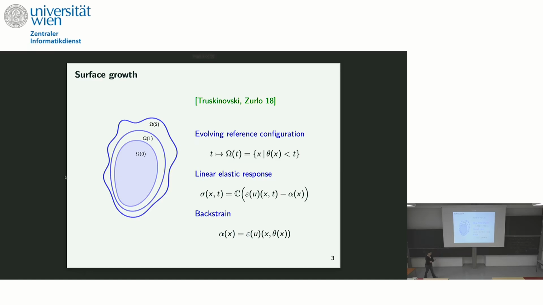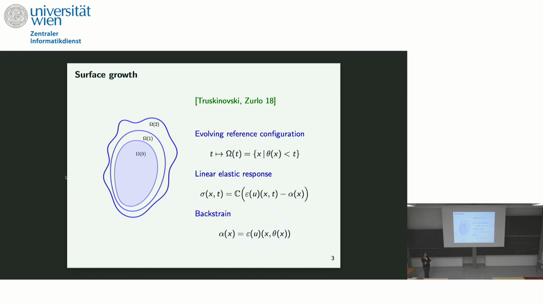Well, the starting point for our analysis was a model by Lev Truskinowski and Giuseppe Zurlo from 2018. And basically, the main idea is the following: how can you describe the evolving reference configuration, first of all? Well, you fix a point somewhere outside your original domain, omega 0, and then you wait until this point is added to your configuration.